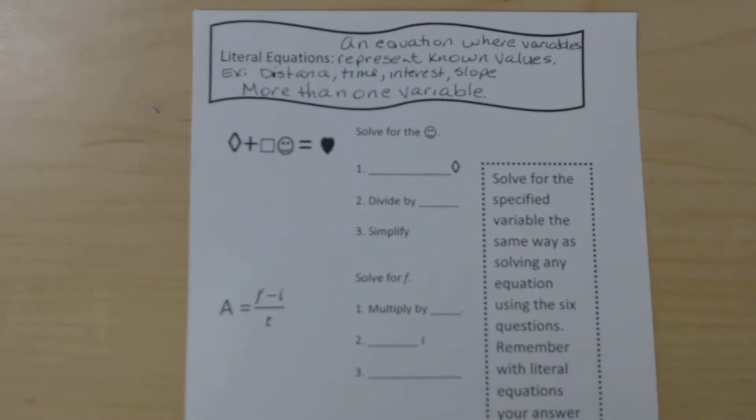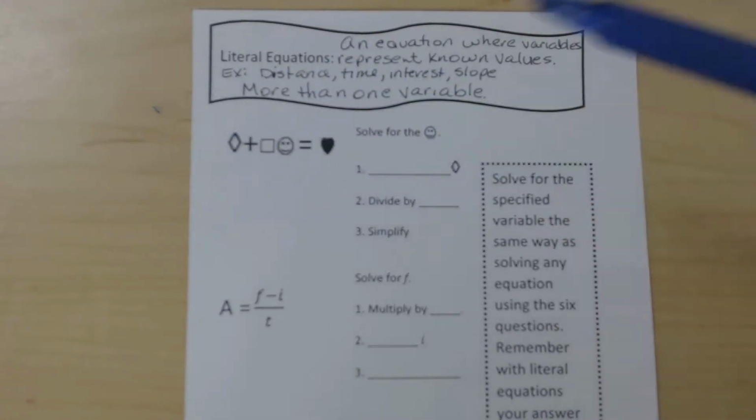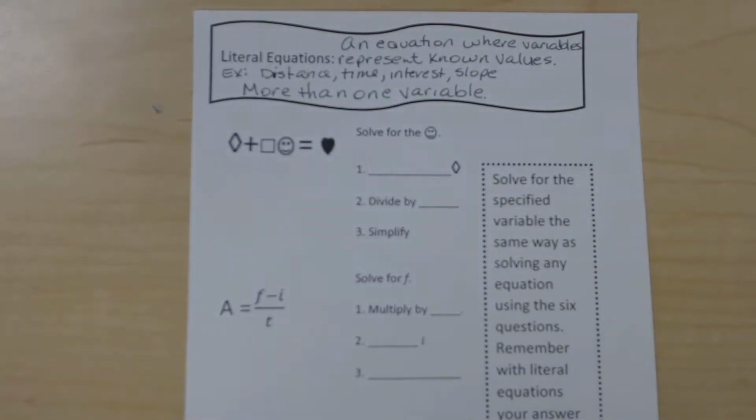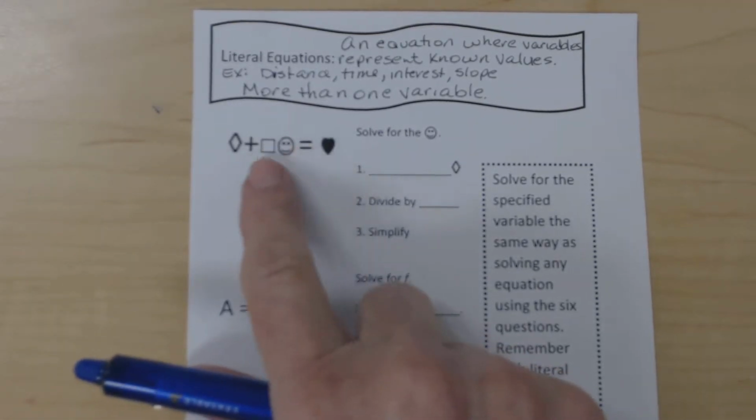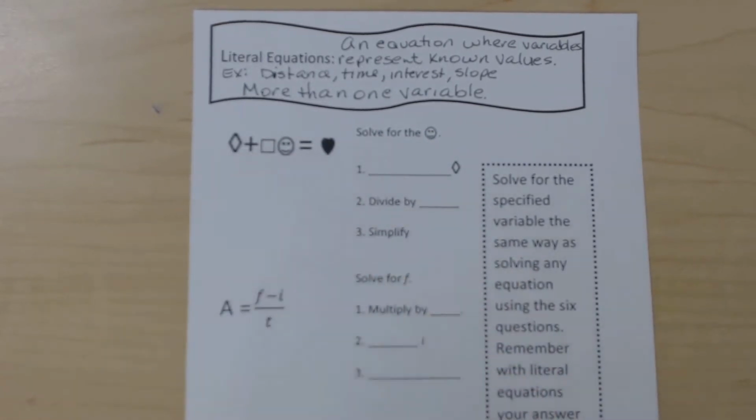So the first thing we do, as in any solving any equation, we're going to look and see fractions. We don't have fractions. There's nothing we can put together here. There's no like terms to combine. We don't have the smiley face on both sides because it wants us to solve for the smiley face. So it means we got to get rid of the diamond and the square.